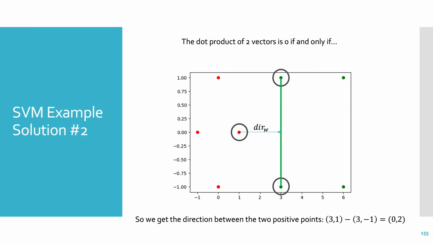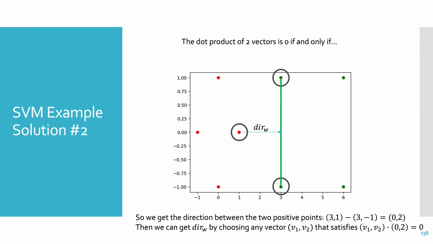Then we want to find a vector that's perpendicular to 0, 2. We can get the direction of W by choosing any vector v1, v2 that satisfies v1, v2 dot 0, 2 equals 0. Doing so gives us that v1 can be anything and v2 must be 0. So we choose anything to be 1.